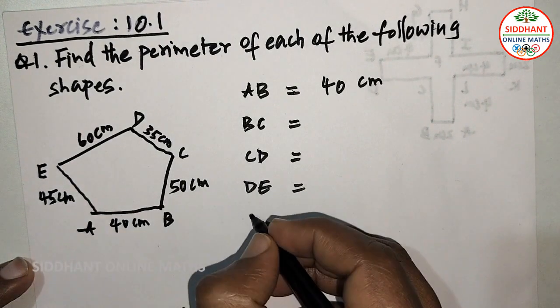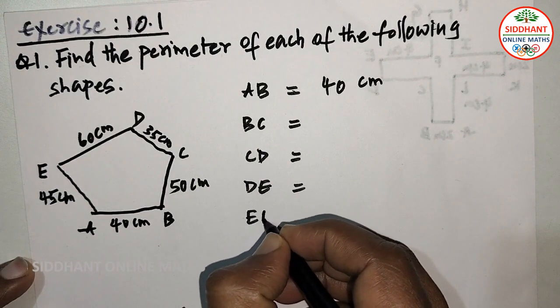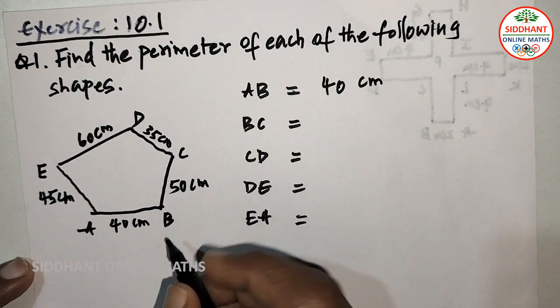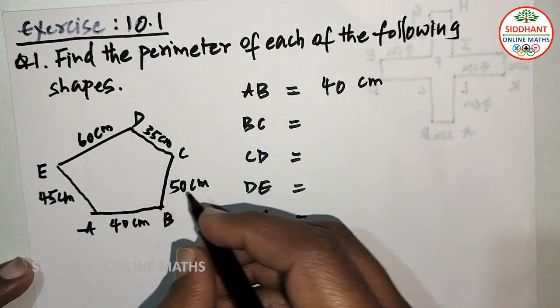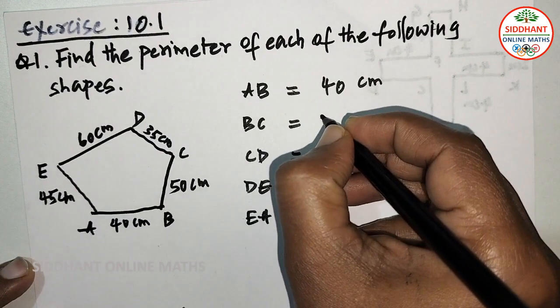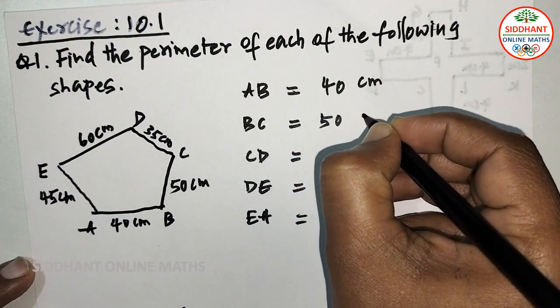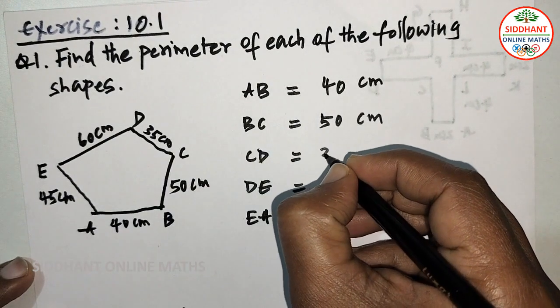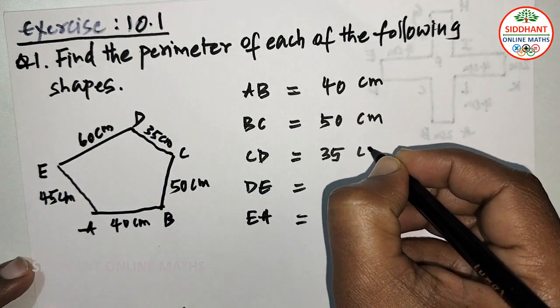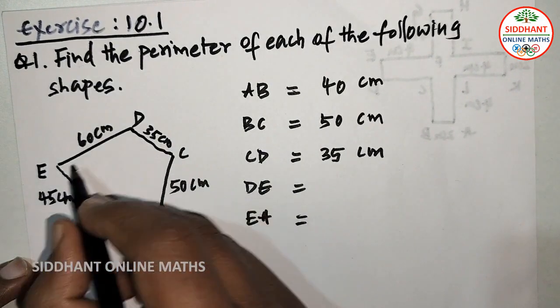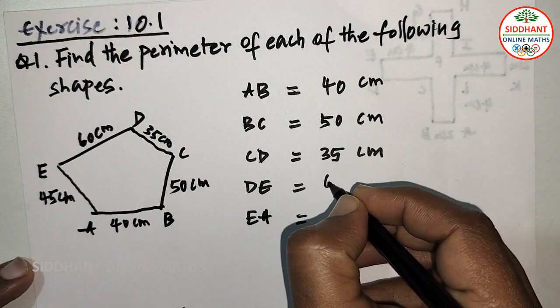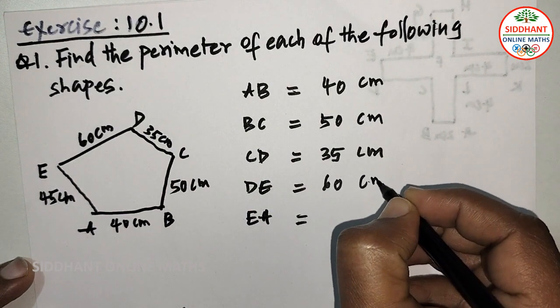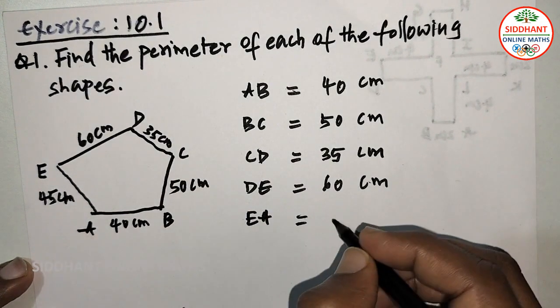Next EA. So AB is 40 centimeters, BC 50 centimeters, CD 35 centimeters, DE 60 centimeters, EA 45 centimeters.